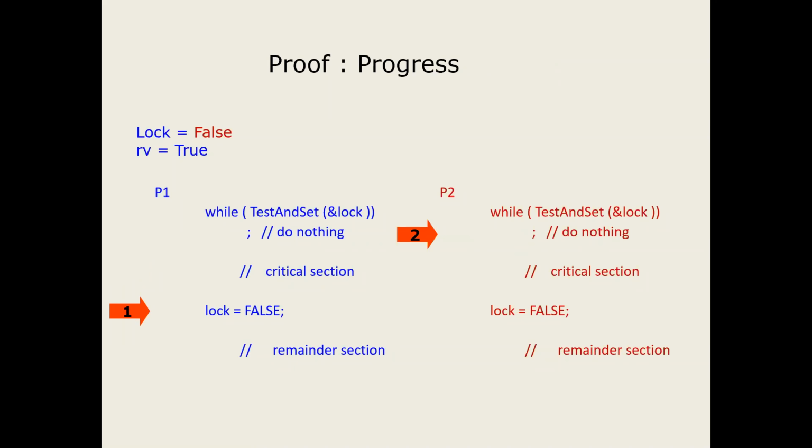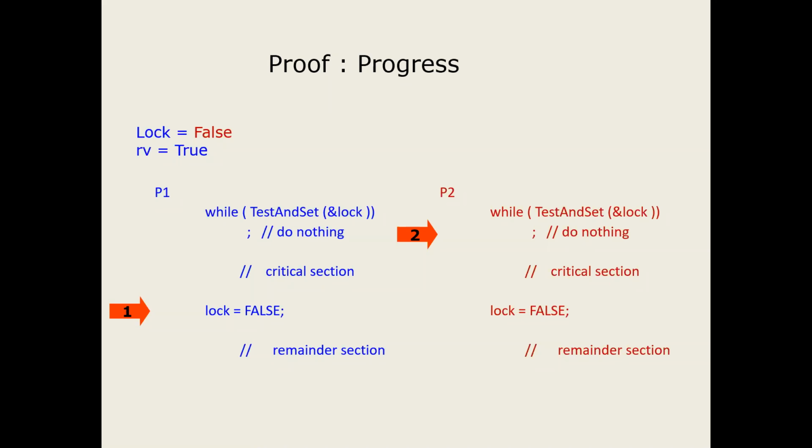That means another process can enter the critical region. So in this case, we can see that P2 can enter the critical region after P1 completes its critical region and lock is set to false. So then P2 can enter the critical region.